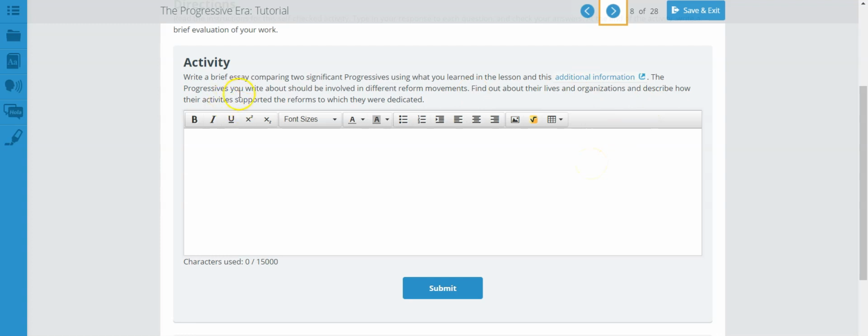The progressives you write about should be involved in different reform movements, not just one reform movement, but a couple of them. Find out about their lives and organizations, and describe how their activities supported the reforms to which they were dedicated. So you're looking basically for two individuals, and you're providing information about those two individuals.